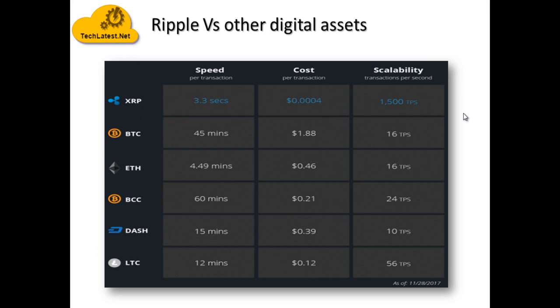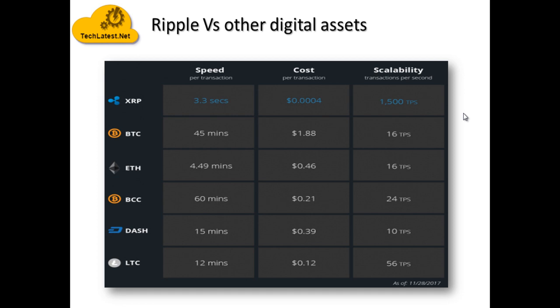Okay, so you don't need to work on solving the proof of work, and it is focused on one use case, so the overall transaction speed is very high. The cost per transaction is also very low because of the same reasons, and the scalability is also very high.